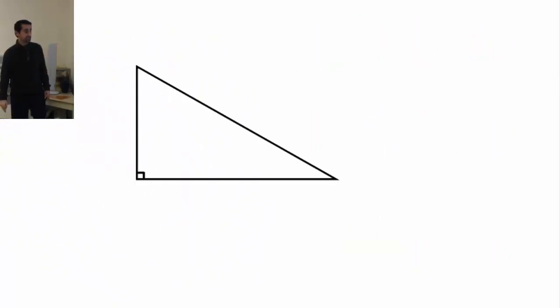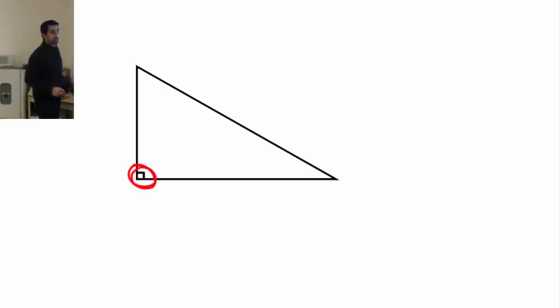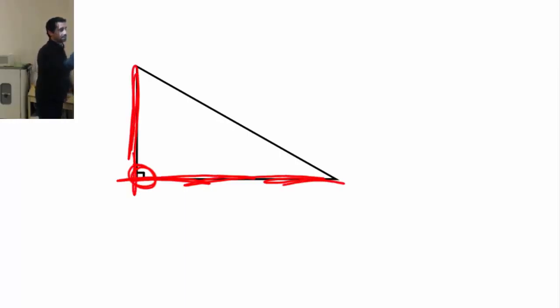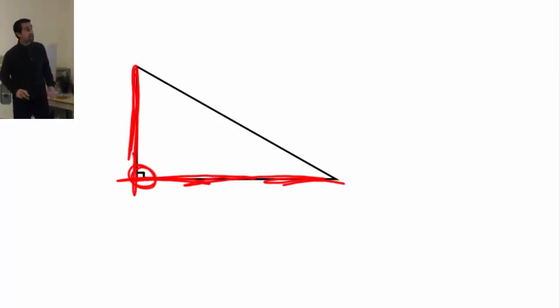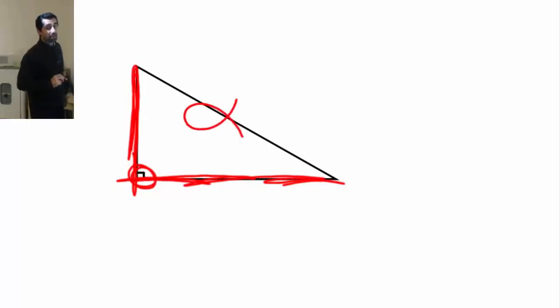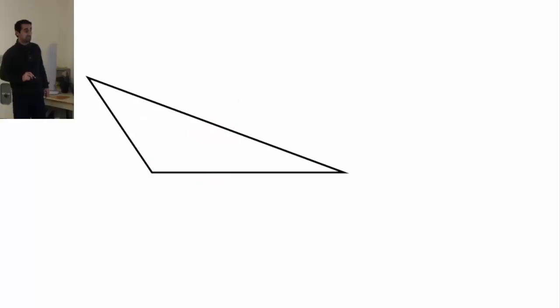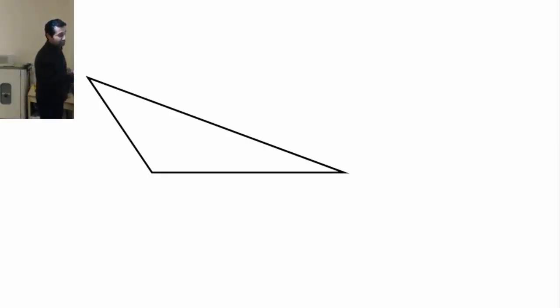Over here, I located the 90 degree. It's right here. So I'm going to use this and that, but I won't be using this side at all to calculate the area. How about this? I don't have the height here. Please take a look at this carefully. If I want to use this as the base, where is the height?